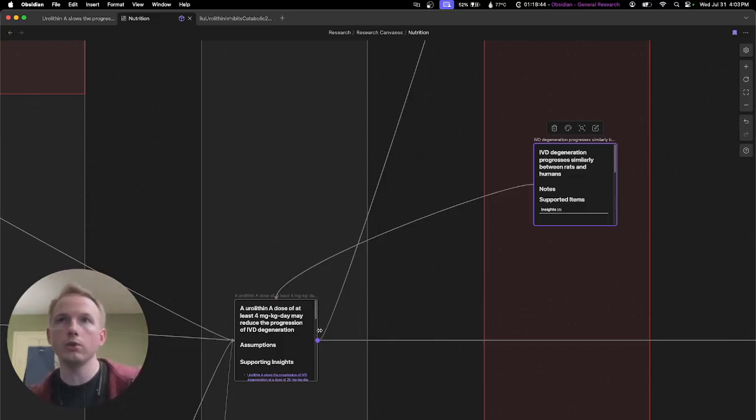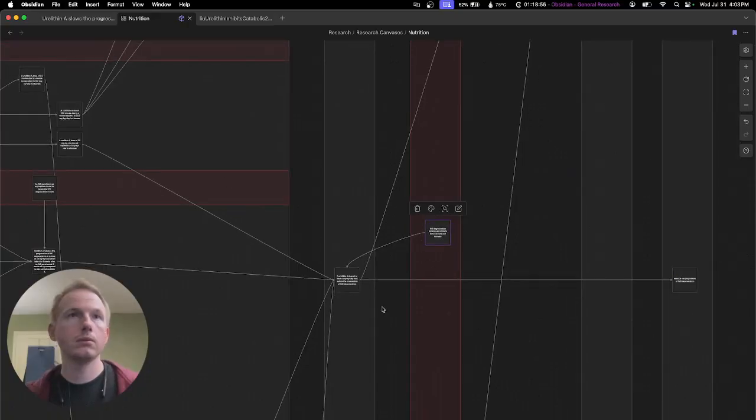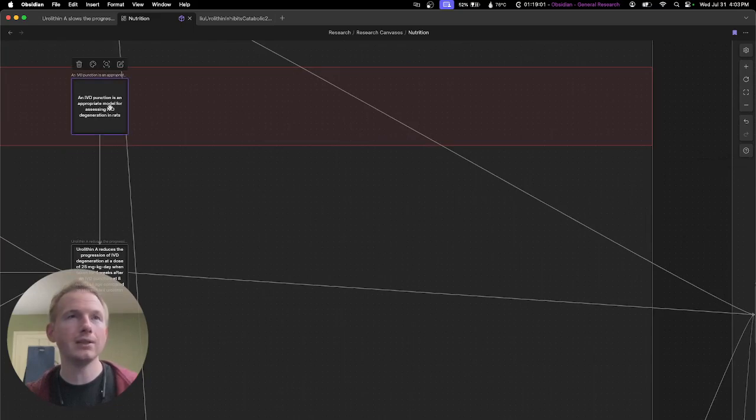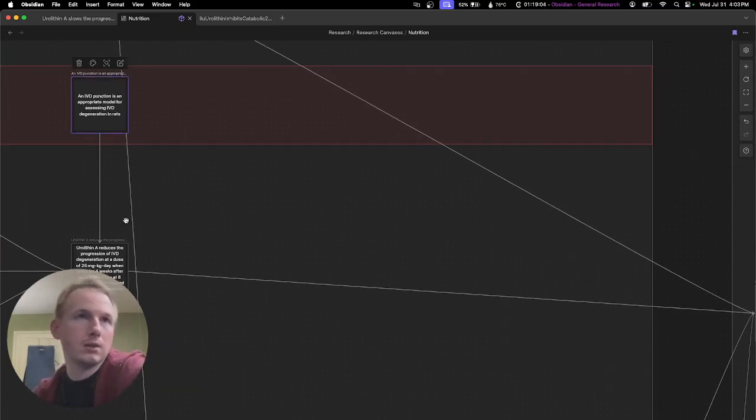IVD degeneration progresses similarly between rats and humans. We also need to assume that the puncture model is adequate for, yeah, and see in that case, put it here. I tied it to this, but it's not really where it should go.